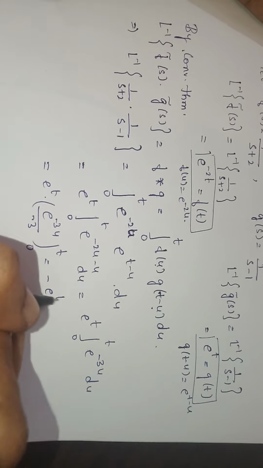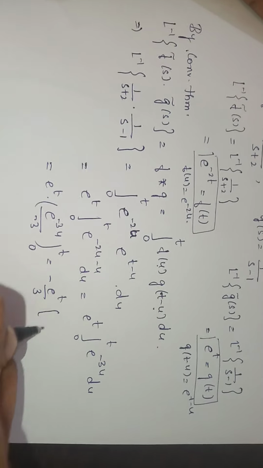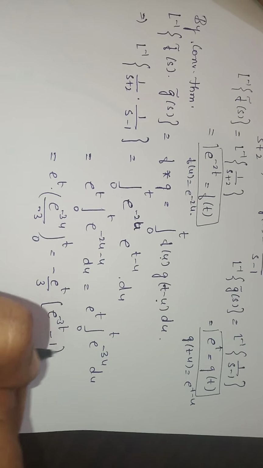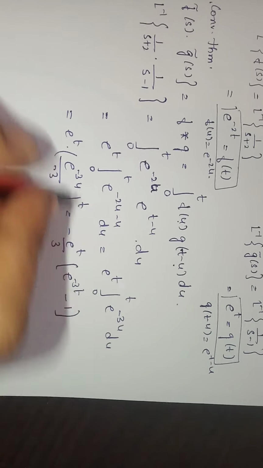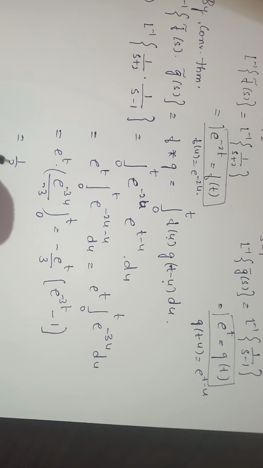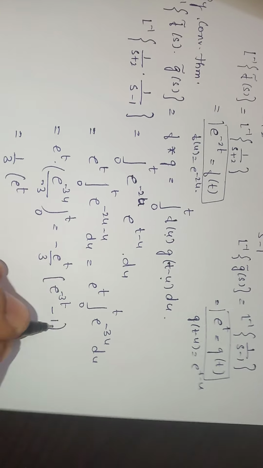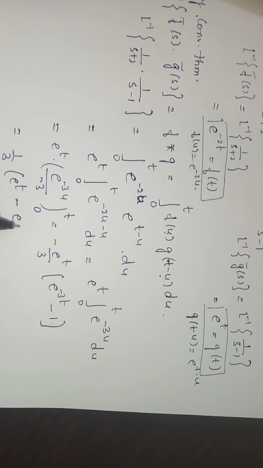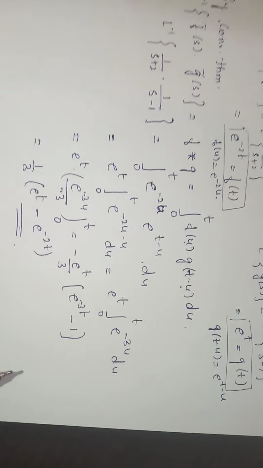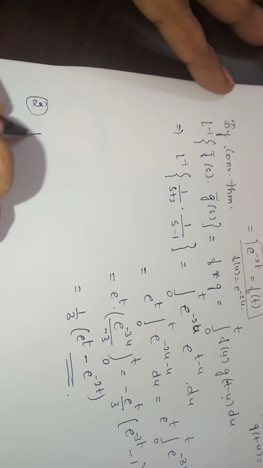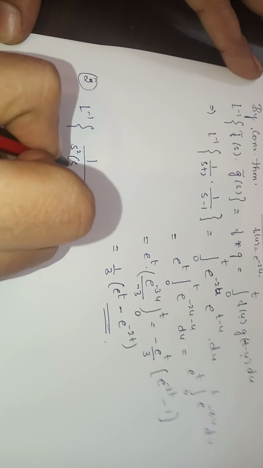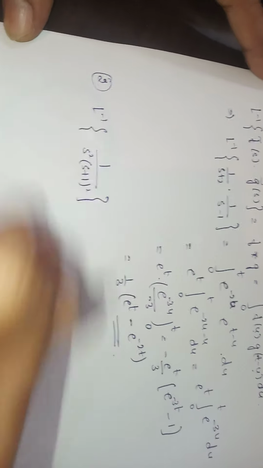So minus e to the power t by 3 times, upper limit e to the power minus 3t, minus lower limit 1. If you want to simplify it further, it will be 1 by 3 into e to the power t minus e to the power t minus 3t, which is minus 2t. This is your result.